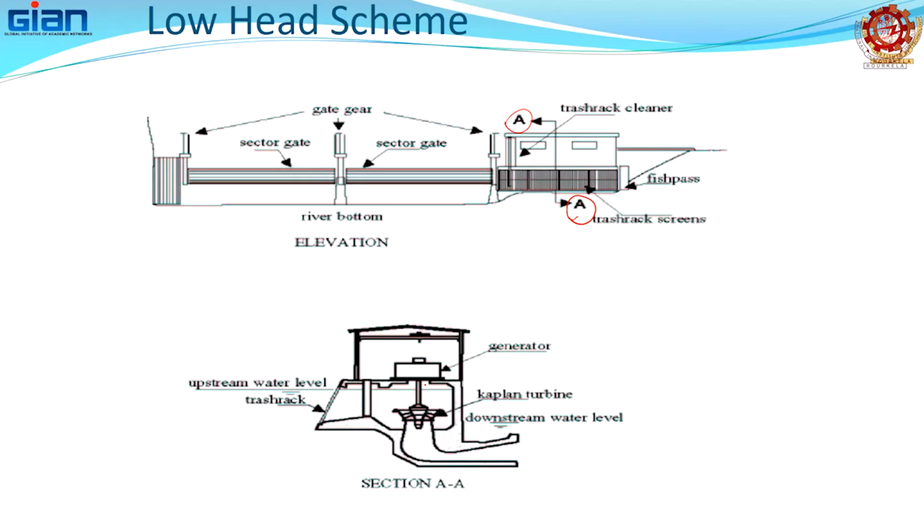Therefore, in large hydros, it is usually vertical axis configuration, but in small hydros you can go for both. It is a design option, right. Horizontal axis is always a cheap option, right.